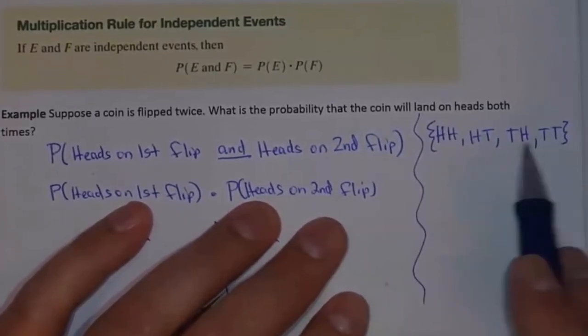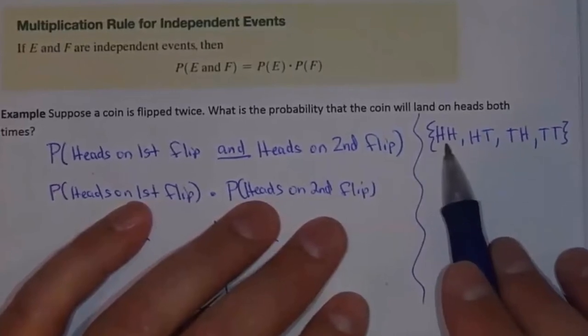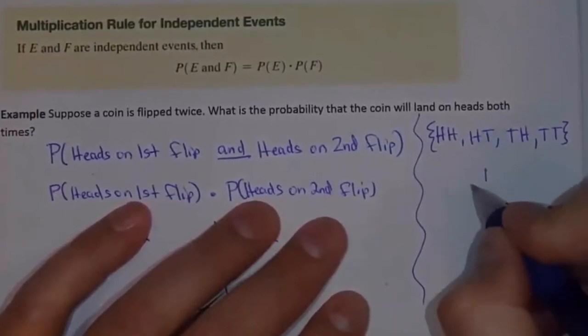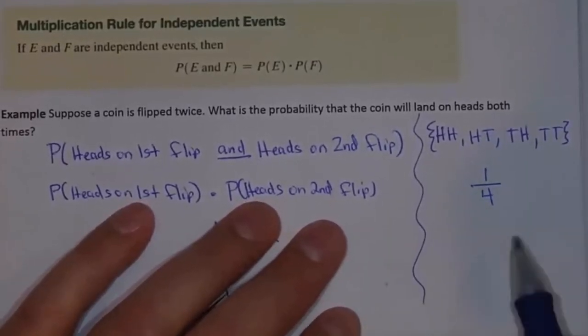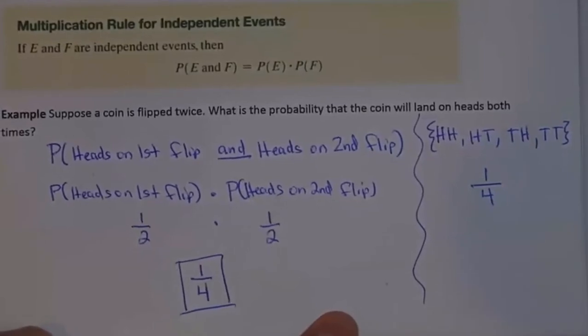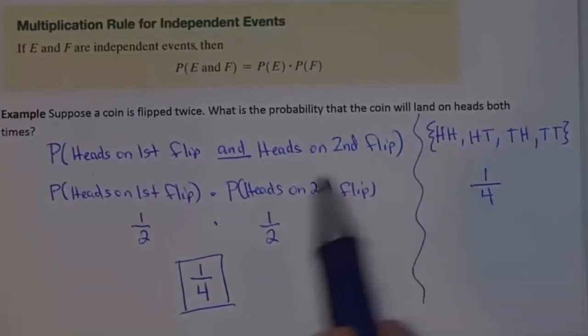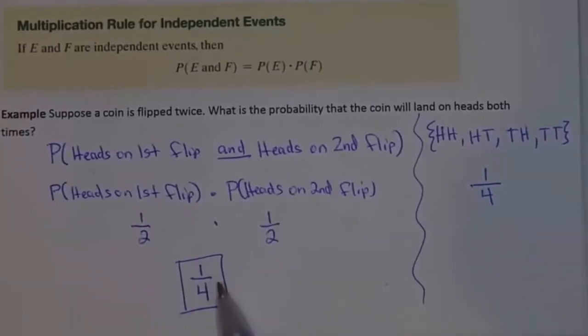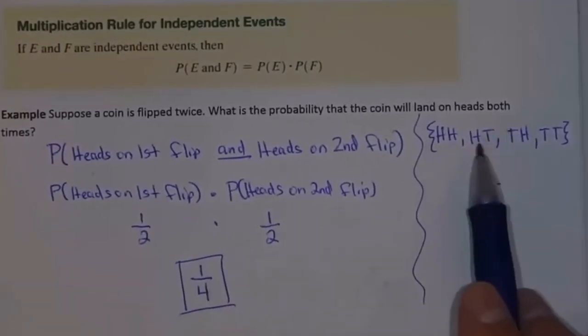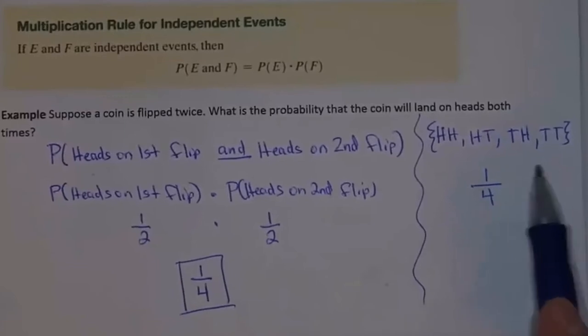Now, of the sample space, there's only one way that we get heads both times. And so there's 1 favorable outcome out of 4 total outcomes, so we have a 1/4 probability. The benefit of the multiplication rule is that I can figure out this probability without having to list the entire sample space.